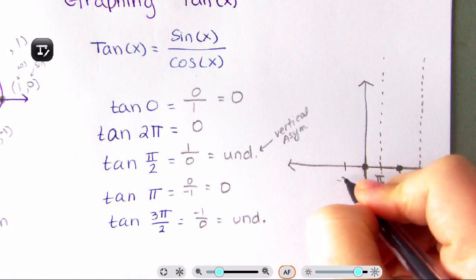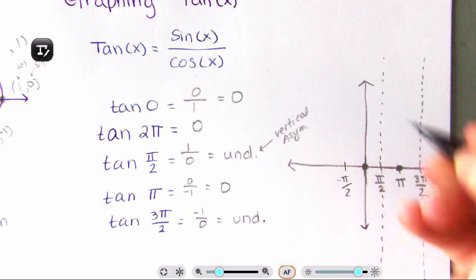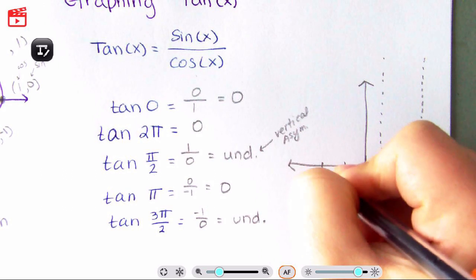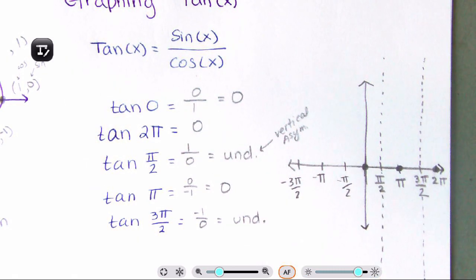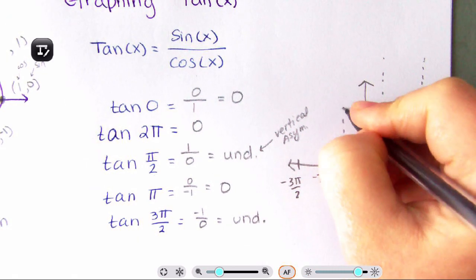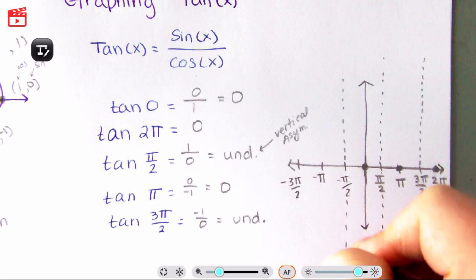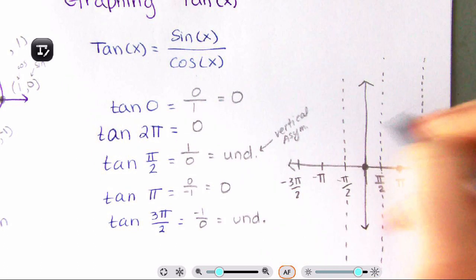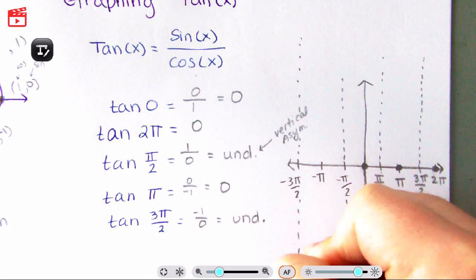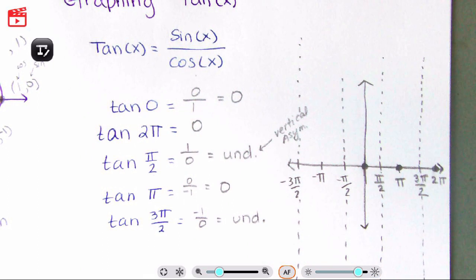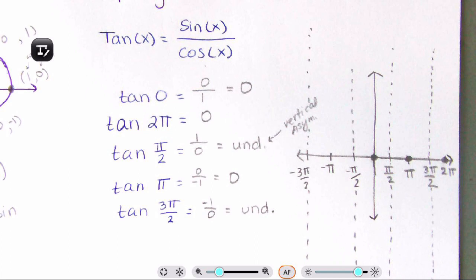So I have negative pi halves, negative pi, negative 3 pi halves. Another thing you're going to notice about graphing tangent is that when you're graphing the parent function for sine and cosine, you typically go towards the positive x values.